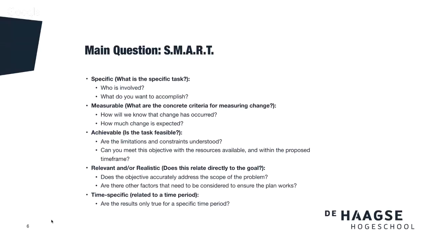It has to be relevant, realistic, interesting for people, so that people will actually care about publishing your work. And time specific, if your research is time specific, we already discussed it. So for example, privacy concerns about sharing data change with time.